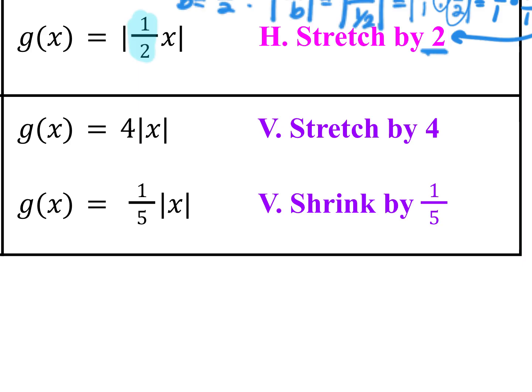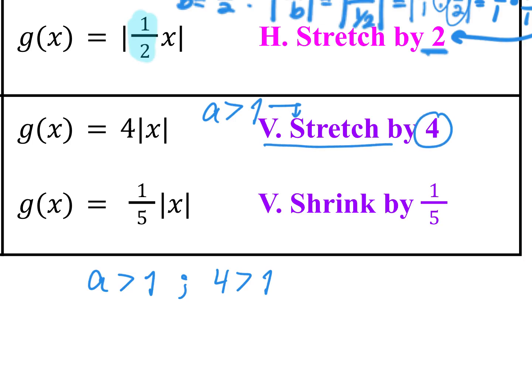What did you notice with the value of a? The value of a here is greater than 1. In this case, 4 is greater than 1. So we can say that when a is greater than 1, then it's going to have a vertical stretch by that factor of a, which in this case is 4.